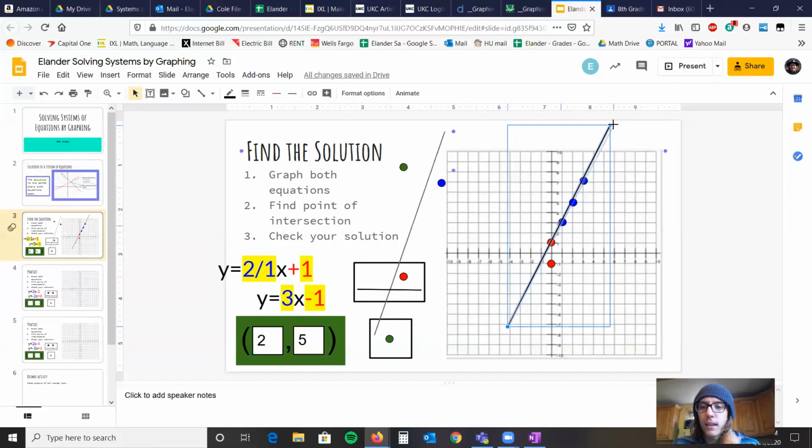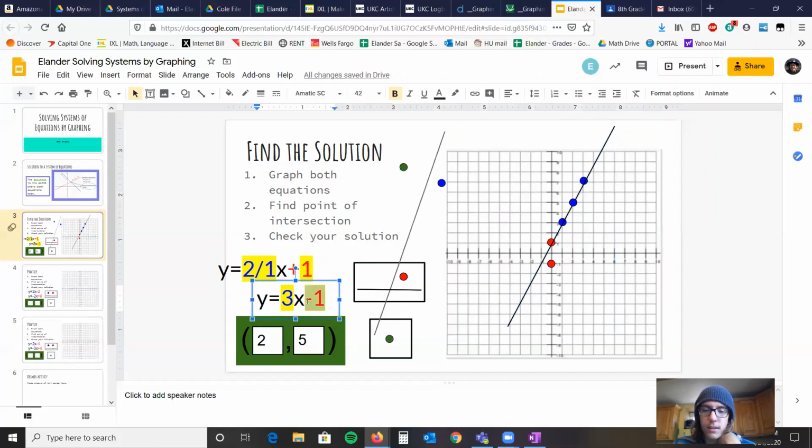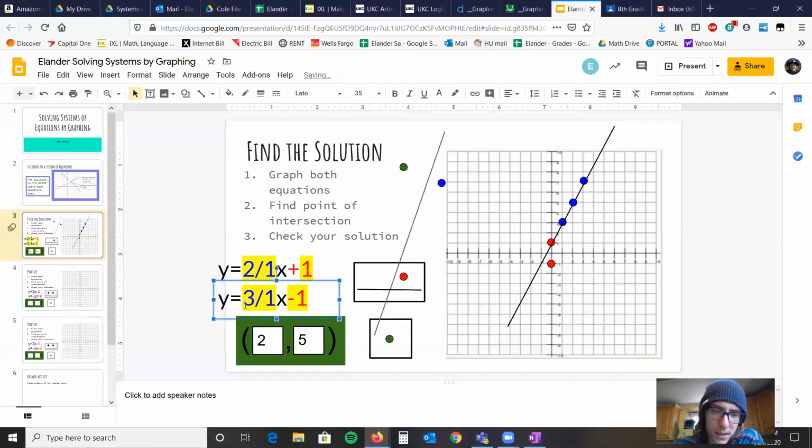Okay, and then we need our second one, right? So same thing. We start at -1 on this one because the y-intercept is -1. Okay, so we place our red point there, and then we say our slope is 3, aka 3 over 1. Okay, and so now we say rise over run is our moniker to remember.